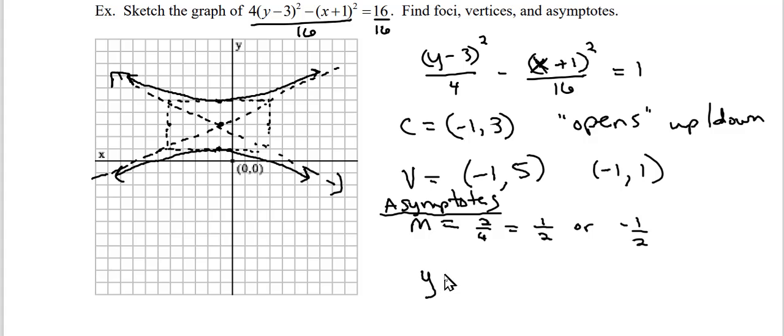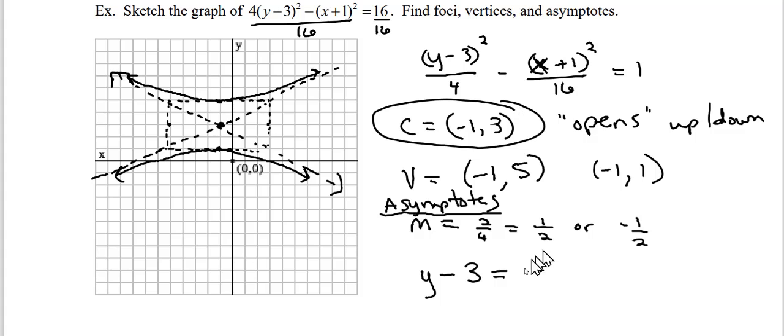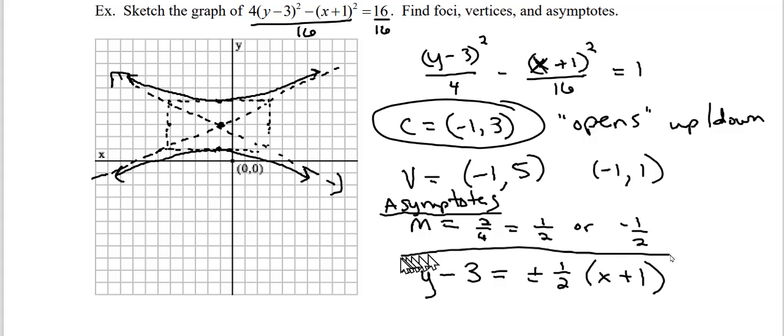I need a point that is on the lines. The center will always be on the lines, so I'm using the center. y minus 3 equals plus or minus 1/2 times x minus negative 1, which gives me plus 1. Those will be the 2 equations of my 2 different asymptotes.